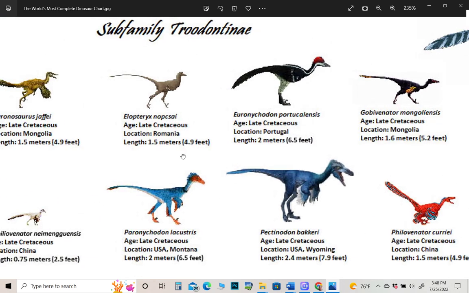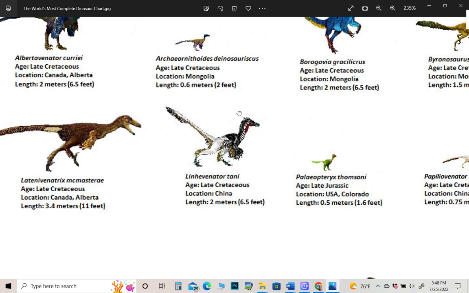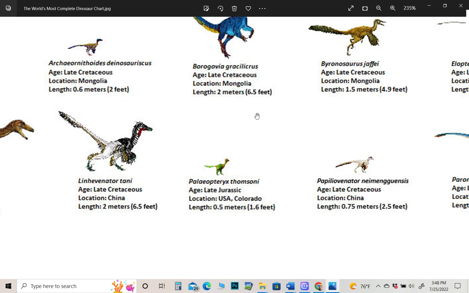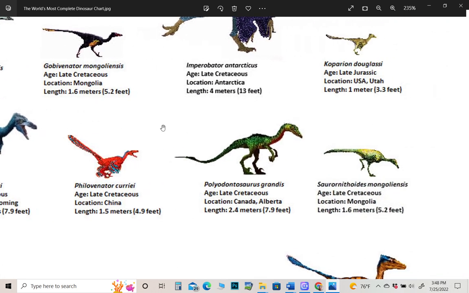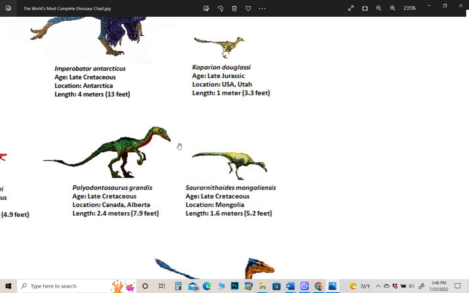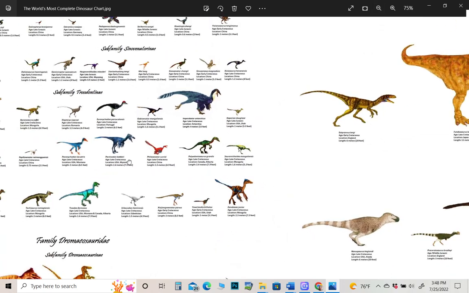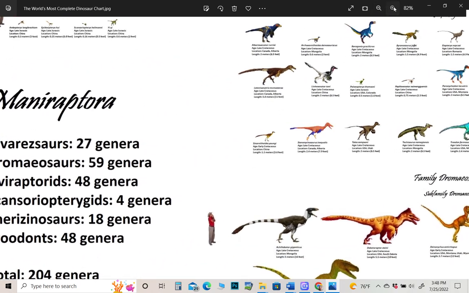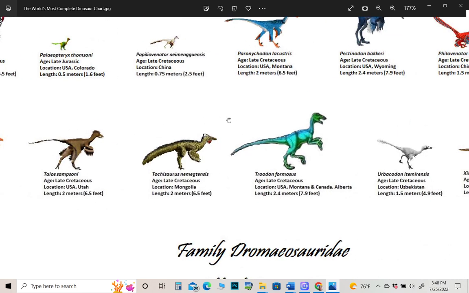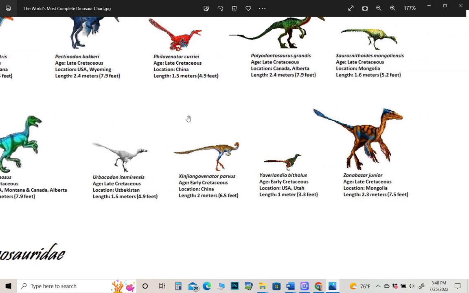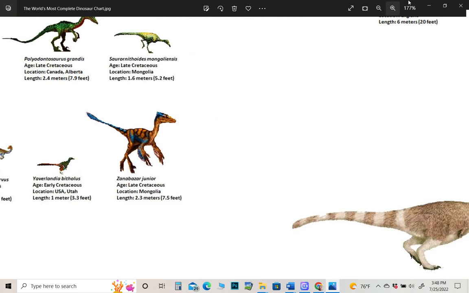Koparion, Latenivenatrix, Linhevenator, Paronychodon, Papiliovenator, Pectinodon, Philovenator, Polyodontosaurus, Sauronithoides, Sinornithoides, Stenonychosaurus, Talos, Tochisaurus, Troodon, Urbacodon, Xinjiangovenator, Yaverlandia, Zanabazar.